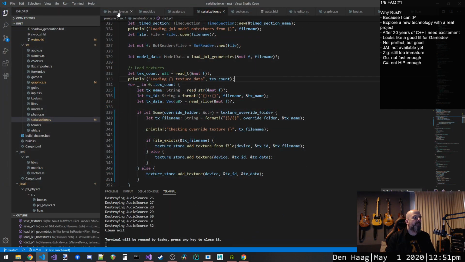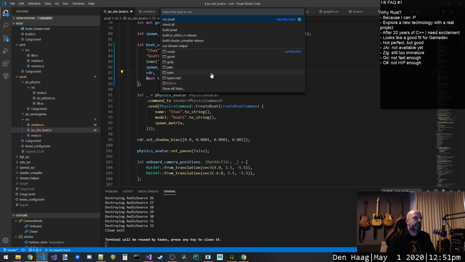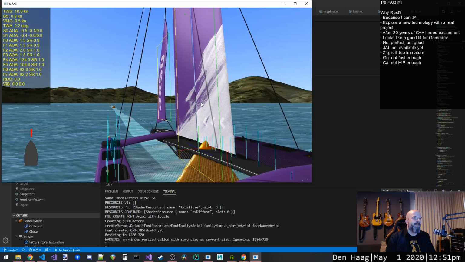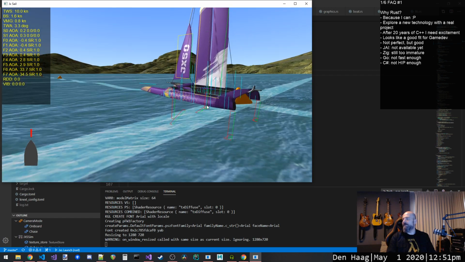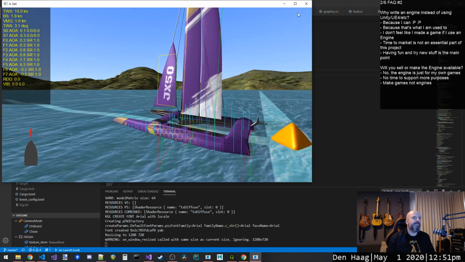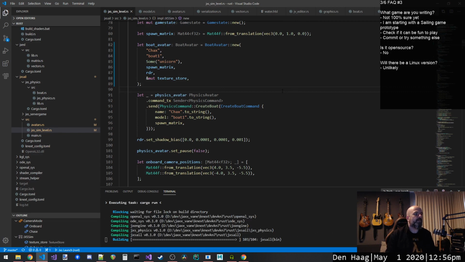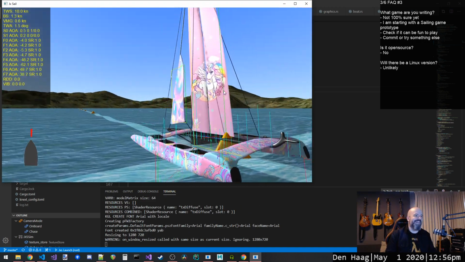Okay, let me try the purple one then. Yay, I got the purple one in game, baby, for the first time. I can do it very easily now. If you send me your crazy one, I can try. Let's see the unicorn. So we close the stream with the unicorn. Oh, yes. There you go. Look at that.